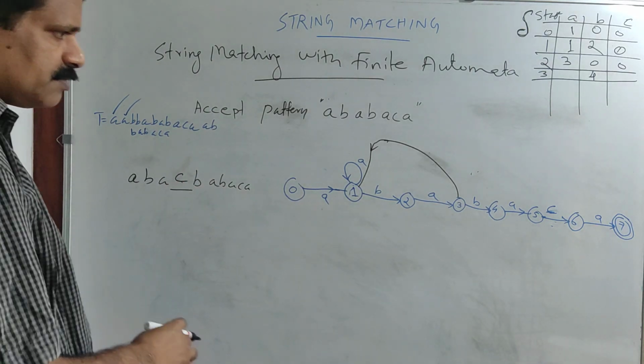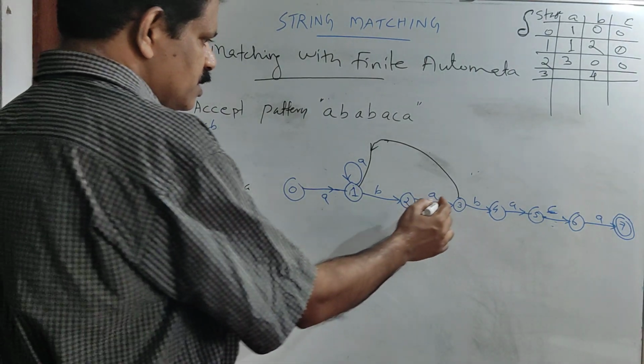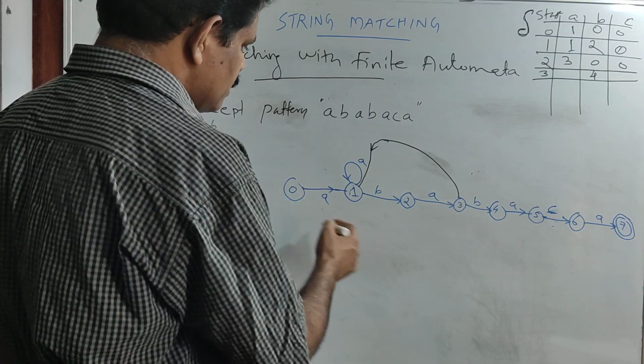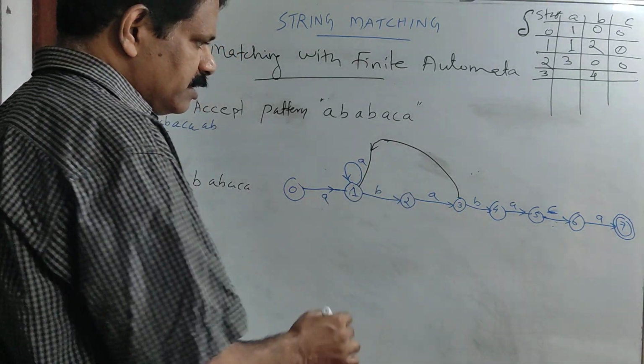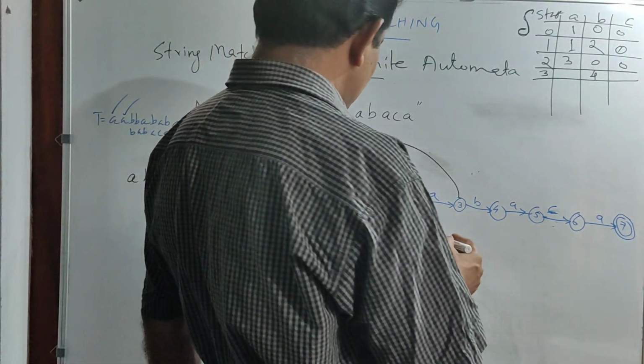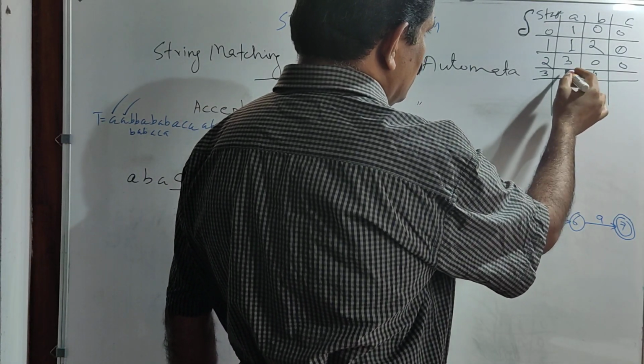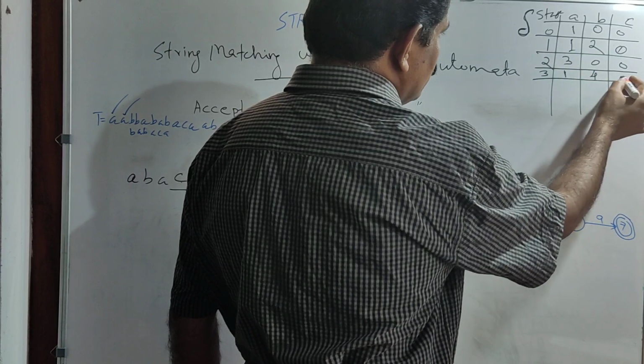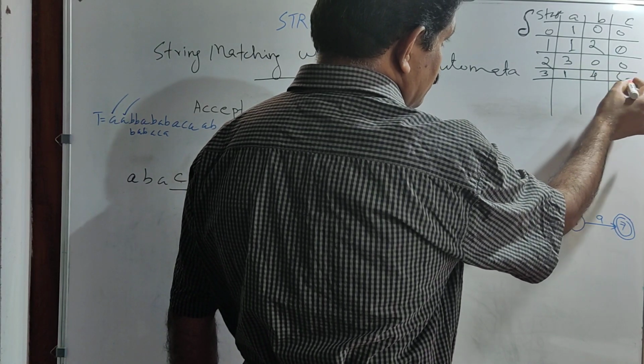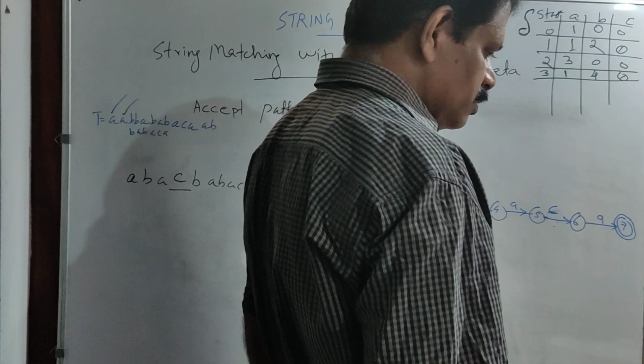There is no chance. So it should start from the beginning. On getting a C, we are not marking it here. On getting an A, it can move to state 1, and on getting a C, it should move to 0.